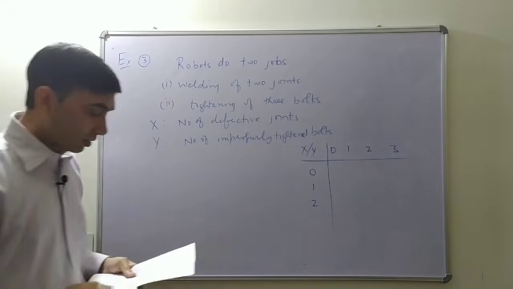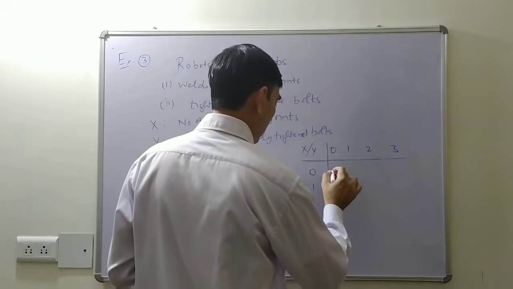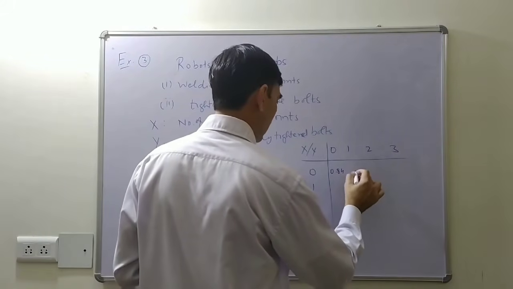Now probabilities are given to you. These are 0.84, 0.03.